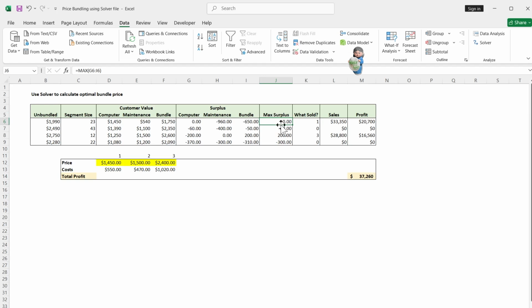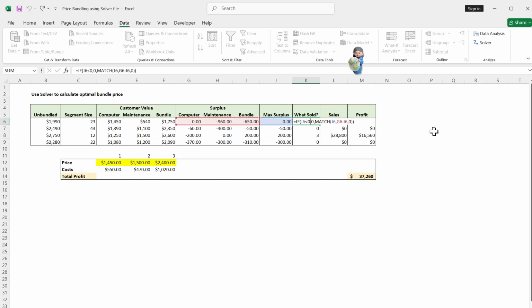And so right here is returning which one is being sold. 1 is computer, 2 is maintenance, and 3 is bundle.